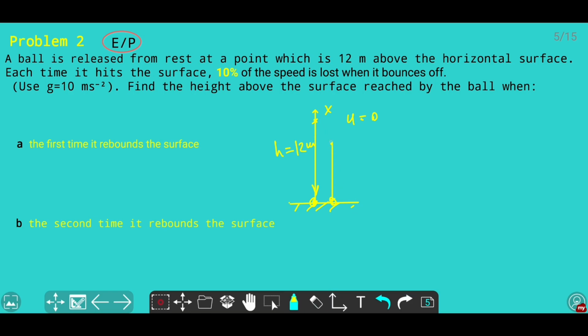Let it be height h1 that this ball reached after rebounding. Obviously, you need to know the initial speed during the rebound, okay? This u1 is the speed after losing 10%, so that means it's 0.9, or 90%, of the speed that it has right before the collision after falling from the height of 12. So that's going to be 0.9 times v.